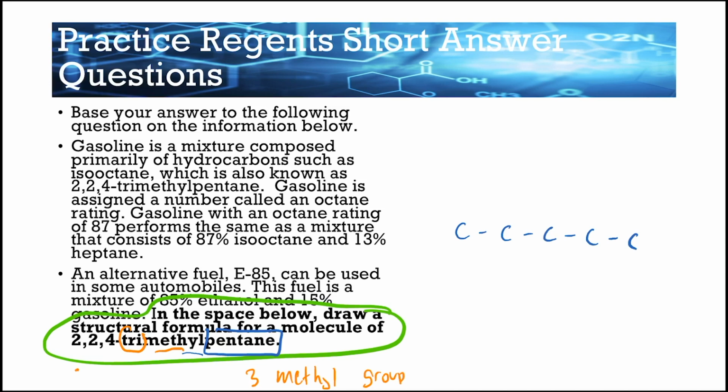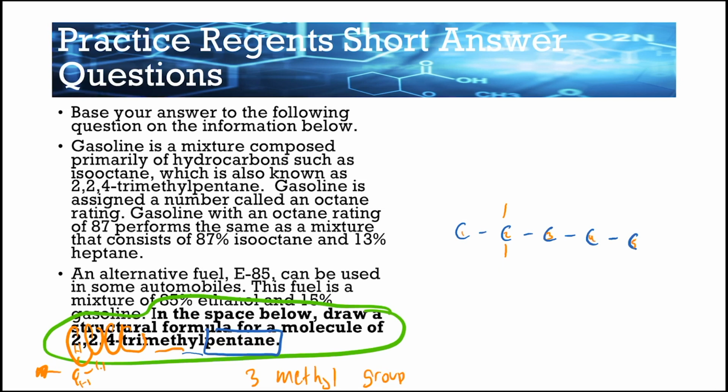So we have CH3 3 times. And the question is, well, where are all those methyl groups located? At carbon 2, at carbon 2, and at carbon 4. So let's start numbering this way. 1, 2, 3, 4, 5.